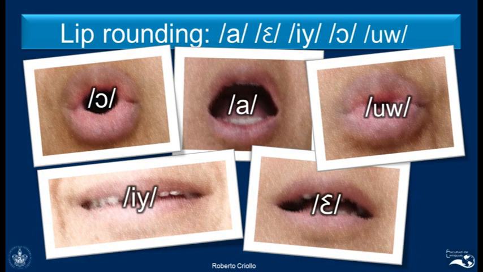So these are the basic positions, but then some sounds are going to be produced with a very similar position.